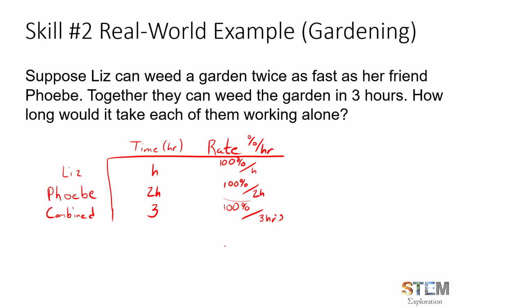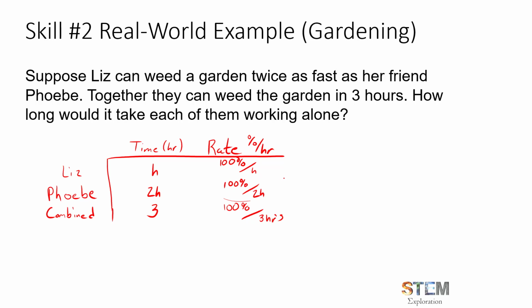Well, we need to figure out the rate at which they're working. We know the total amount of time it takes them combined, but we need to be able to find these individual rates, so to speak.